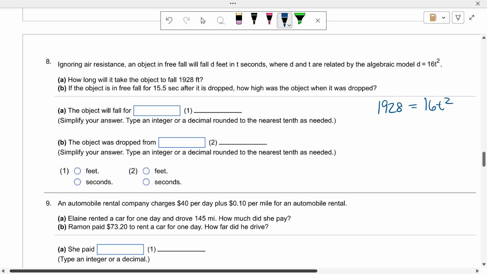Okay? Now, how will we solve that equation? Don't take the square root yet. You could, and it'd be fine. Let's divide by 16 first. What's 1928 divided by 16? 120.5.